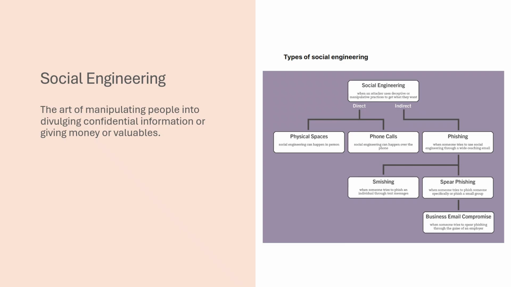An attacker might pretend to be a delivery person, a maintenance worker, or even a new employee to gain access to a building or a restricted area. Over phone calls, called vishing, attackers may call pretending to be from your bank, from your employer's IT department, or even a government agency. They often ask you to verify personal information or provide login credentials.